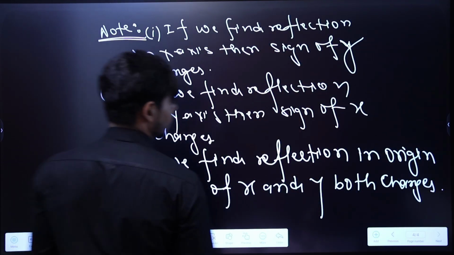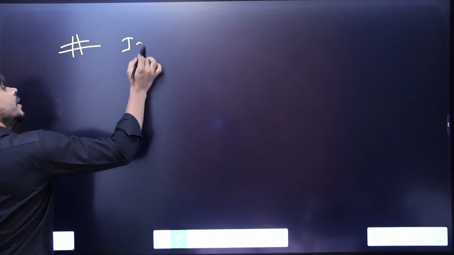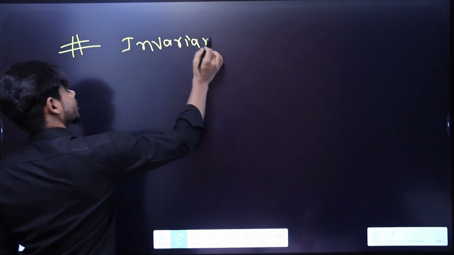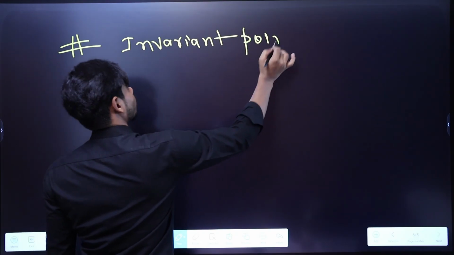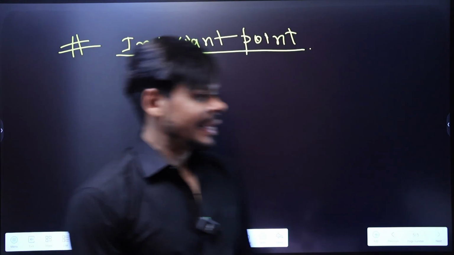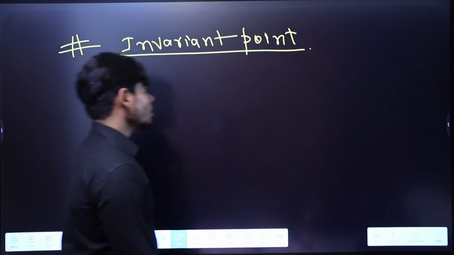One more important point, or you can say another concept, not point. There is a topic named invariant point. What is an invariant point? From here you may get an MCQ, only MCQ, I think so.